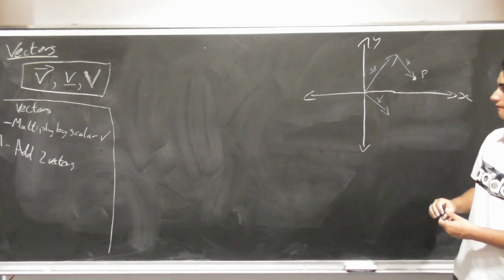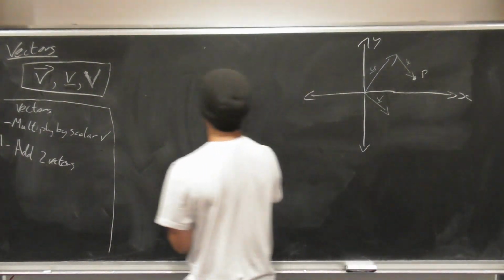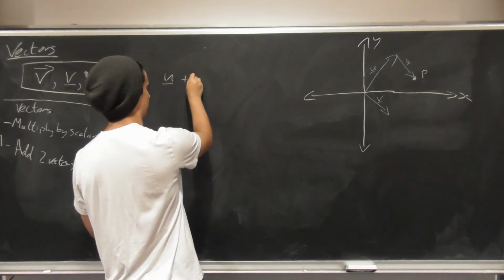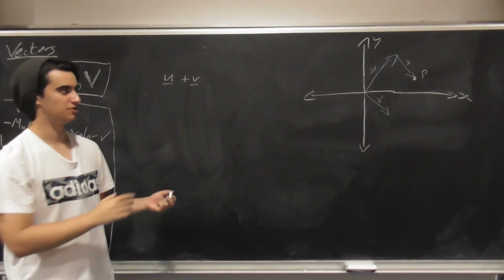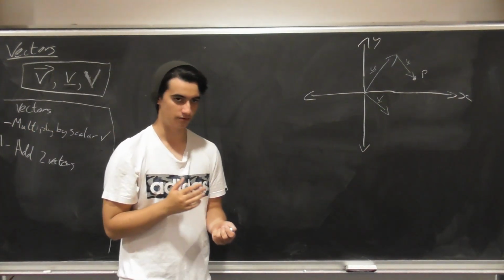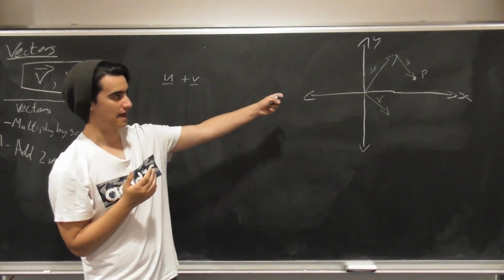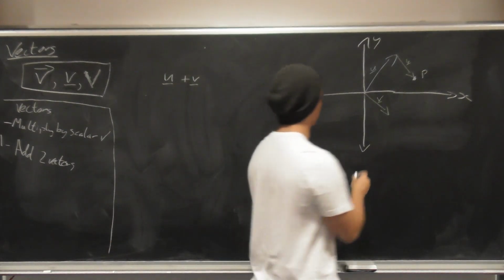Now we can say that this is just u plus v, right? But that can get a little bit heavy, especially if you're combining loads of vectors together. So instead of talking about this as combinations of u and v, let's just call it its own vector by itself.